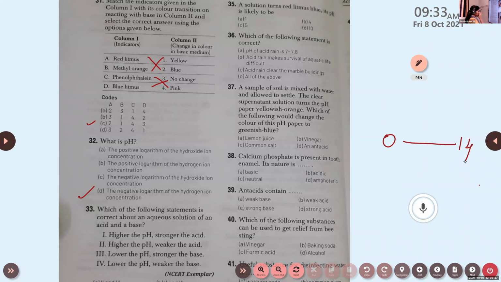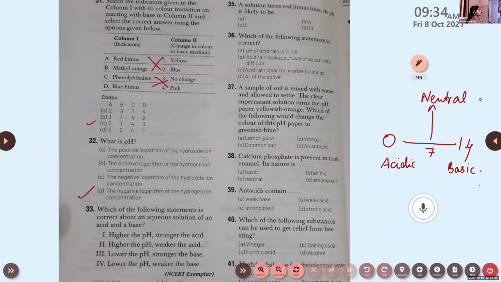Then 0 to 7 for which substance? Acidic. Yeah, 0 to 7, it's acidic. And 7 to 14, it is basic. Then what about the value 7? Neutral. Okay, so you have to always remember this point. 0 to 7, that is acidic. 7 to 14, basic. And 7, that is neutral.